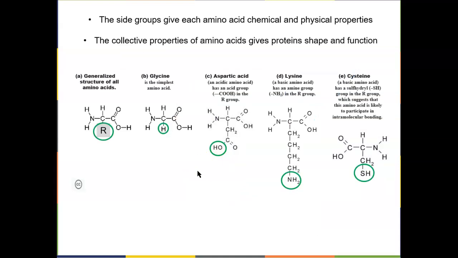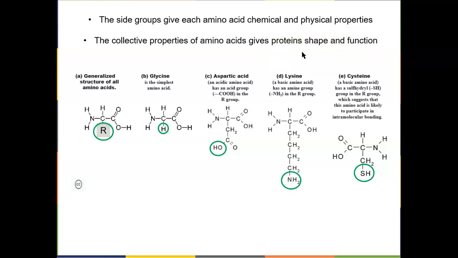And it is the side groups on each amino acid that give that amino acid its physical and chemical properties, and it's the collective properties of all the amino acid side groups in a long chain that gives the protein its final shape and function, or physical and chemical properties.